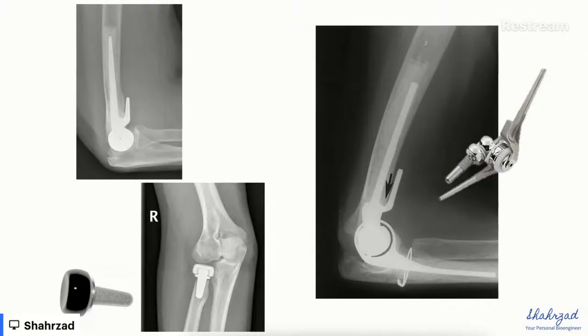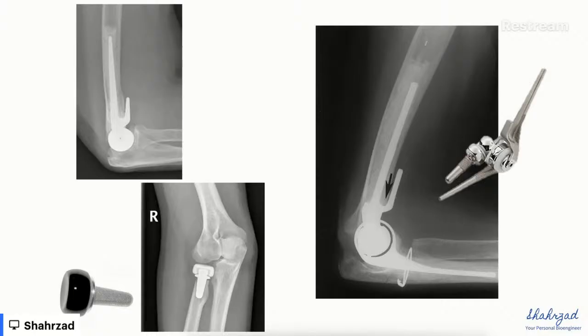We also have partial and total elbow replacement, as you can see here. So right here you have a total elbow replacement with the humeral component right up here. Ulna, this component would be implanted into the patient's ulna bone, and this one is inserted into the radius.